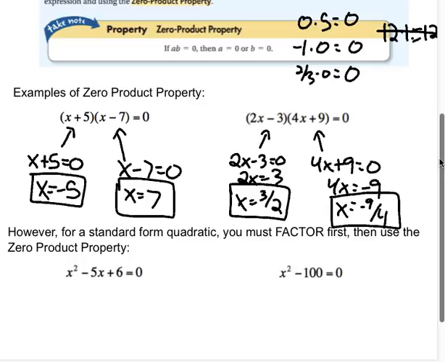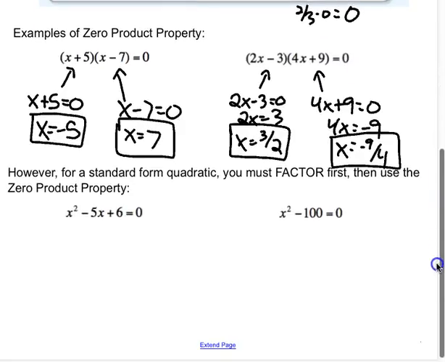The reason that this helps us is because when we're looking at things like this, we can factor these quadratics and then apply the zero product property on them, right? We just spent all that time remembering how to factor. So here, x minus 2, x minus 3, because I need two things that multiply to 6 and add to negative 5.